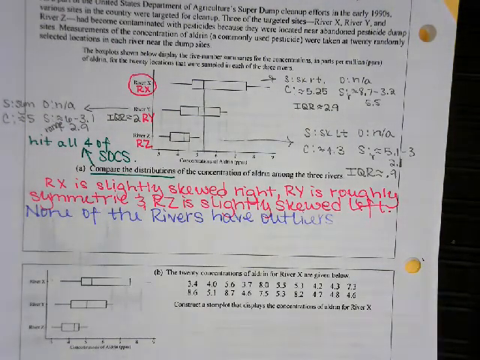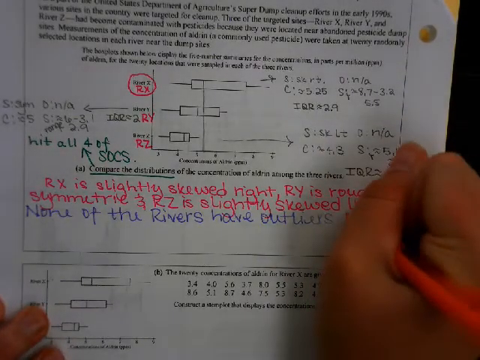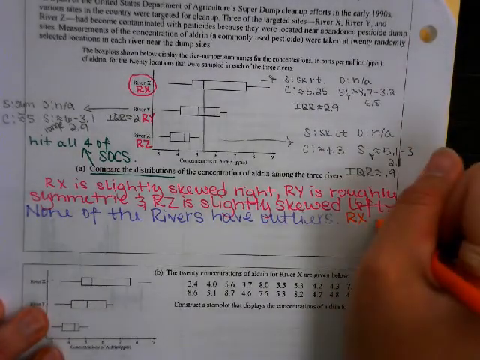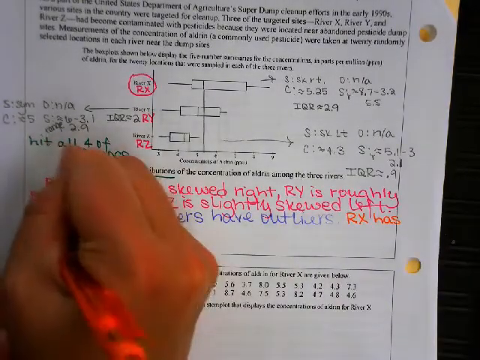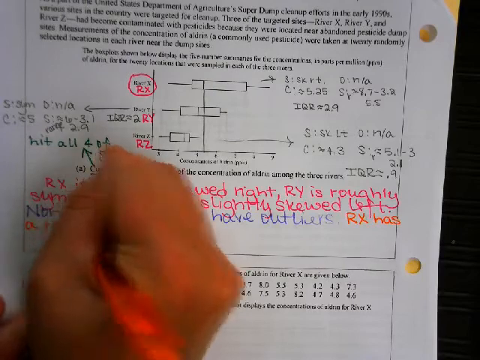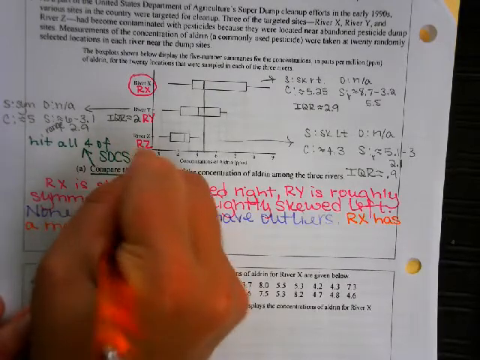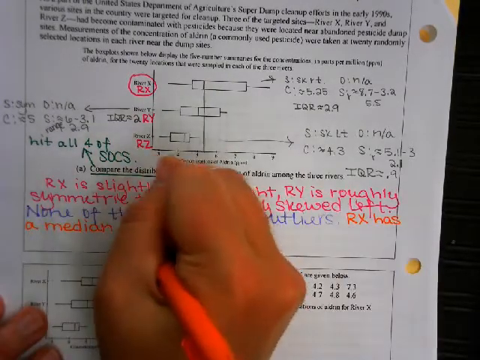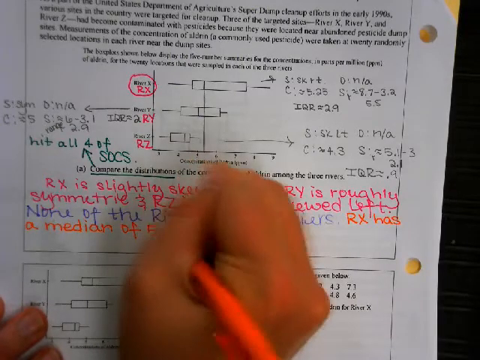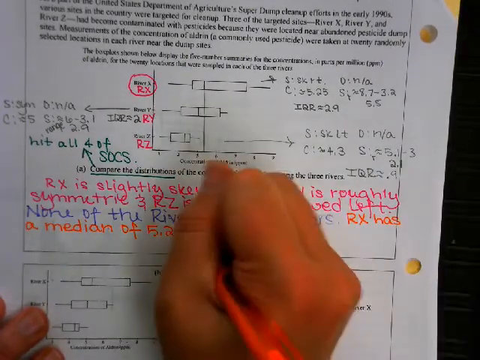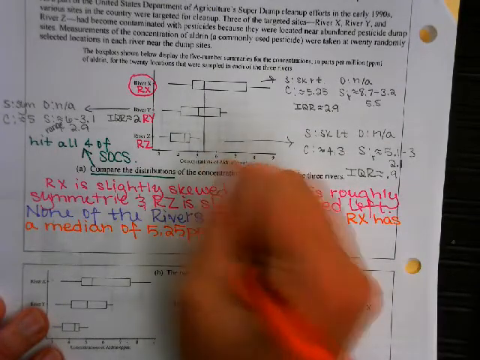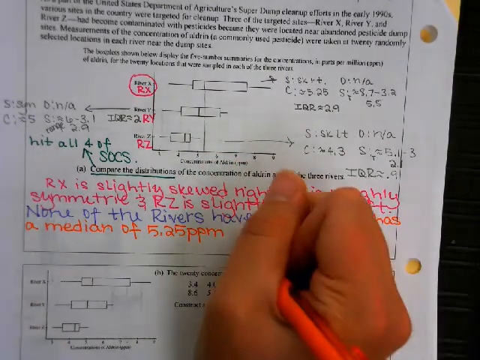So river X has a median, and notice that I specified my center. I didn't just say center, I said has a median of 5.25. And what is it? Parts per million, ppm. Labels are important. They will look for labels on the AP exam.